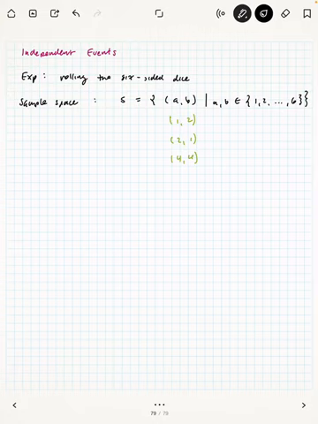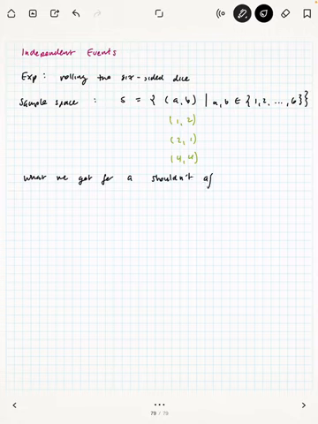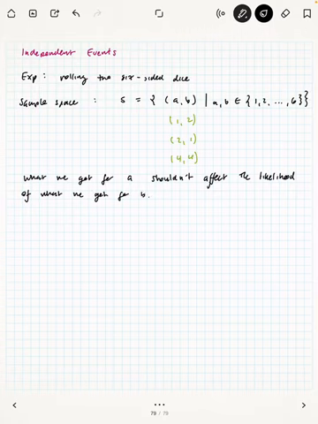So what we're saying, though, is what we get for A shouldn't affect the likelihood of what we get for B. And you can suppose that they happen simultaneously or one after the other.